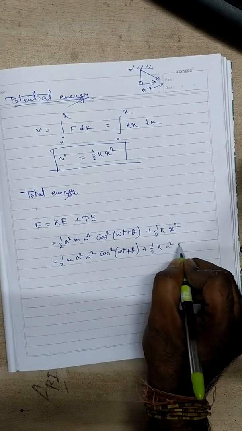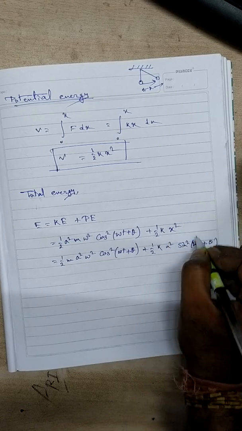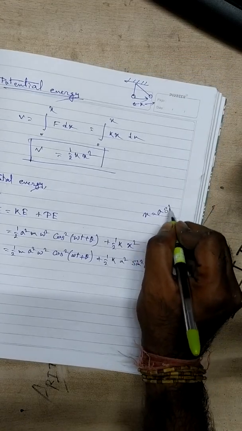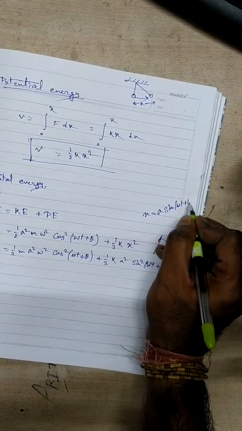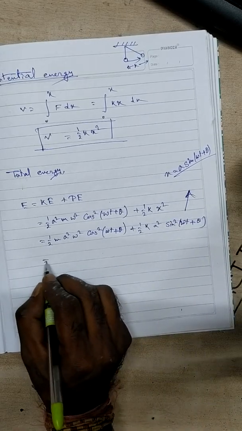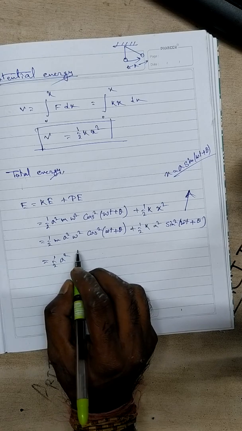We can write x square as a square sine square (omega t plus theta), because we know that x is equal to a sine (omega t plus theta). So from this, half a square is in common.